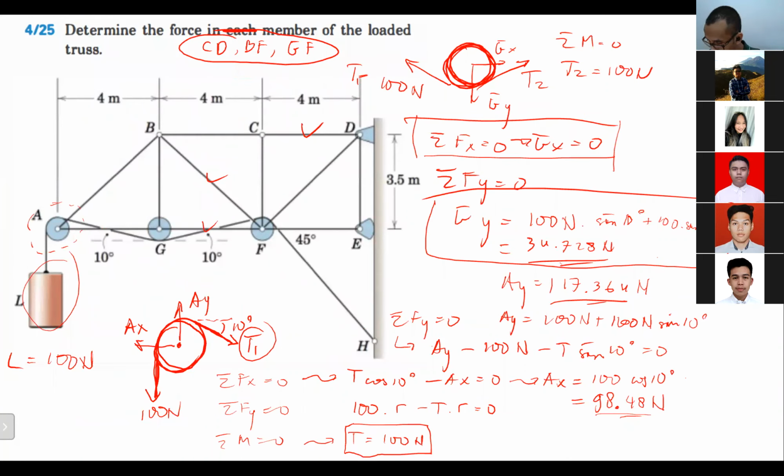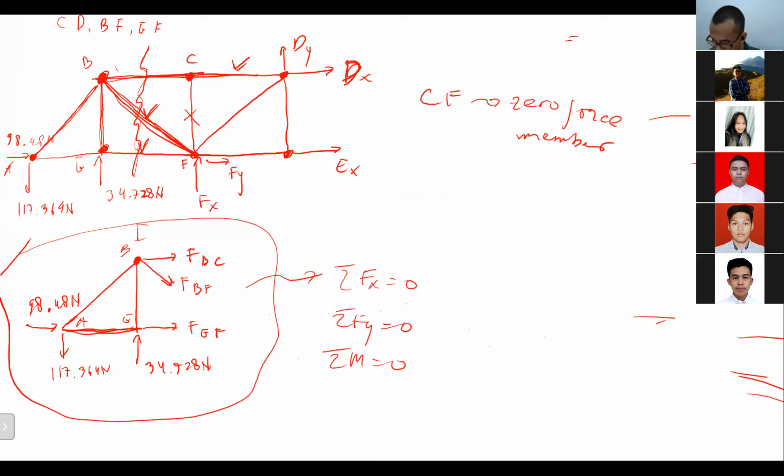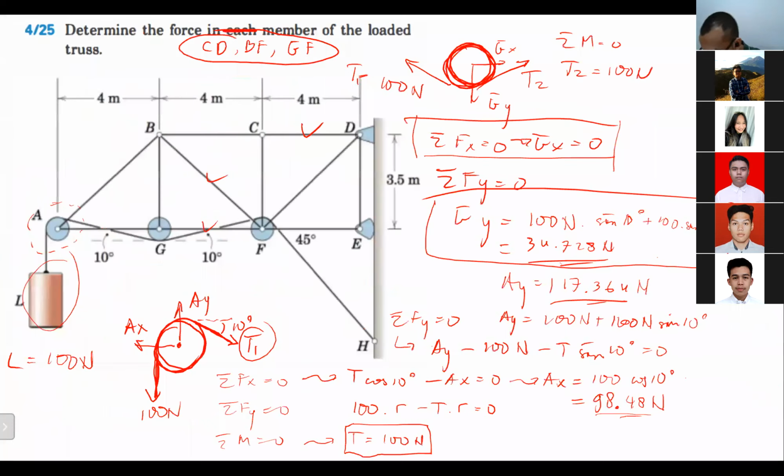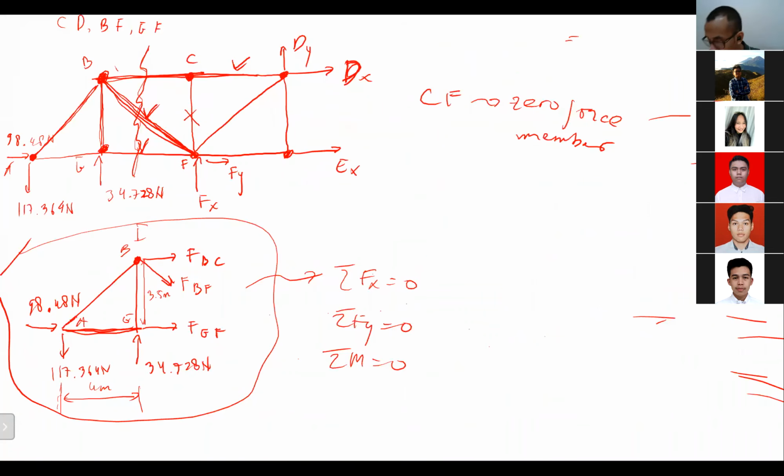Okay, 4 meters, 3.5 meters. So the length here is 3.5 meters. The length here is 4 meters. Okay, 4 meters. That's correct.